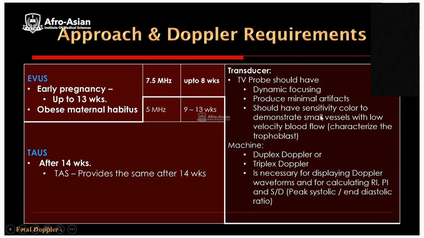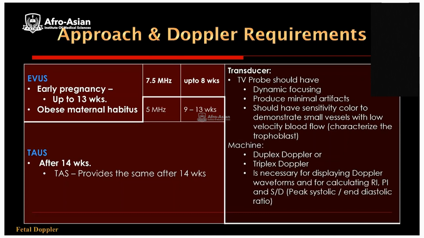The transducer, the TV probe, should have dynamic focusing, produce minimal artifacts, and should have sensitivity, with color to demonstrate small vessels with low velocity blood flow, which is characteristic of the trophoblastic changes.